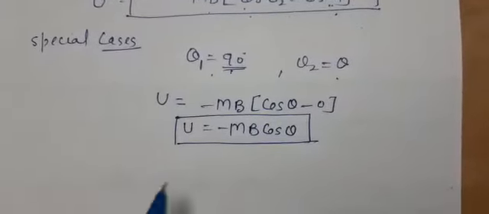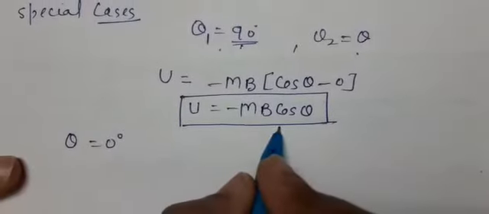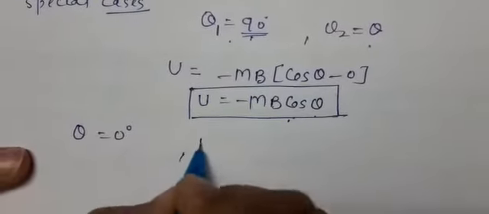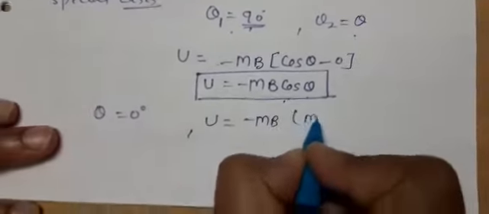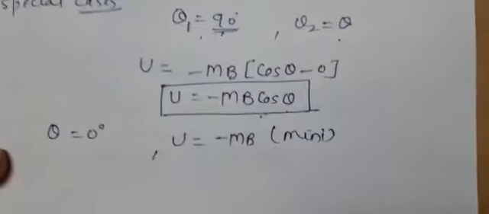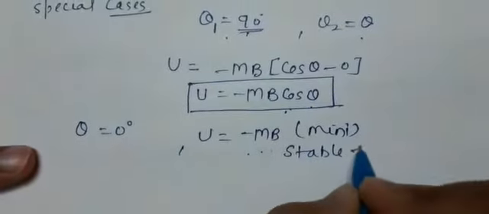Now within it, if theta is 0 degree, like here I am putting theta to be 0, so potential energy will be here minus mb. That means it will be minimum. It will have minimum value, and this will be the condition of stable equilibrium.